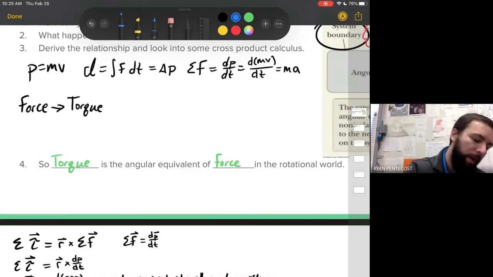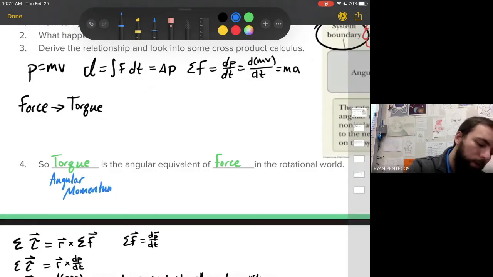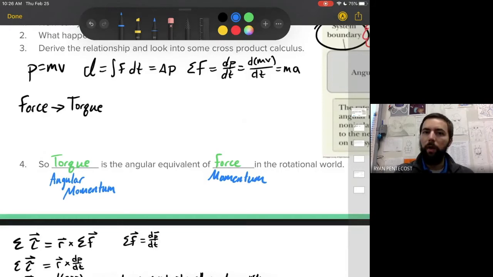However, I have had students mention this one, which I think is a little bit more obvious, but it is true in the discussion we're having. You can also say that angular momentum is the angular equivalent of momentum in the rotational world. Torque and force are the point I'm trying to make, but angular momentum and momentum also serve that purpose.